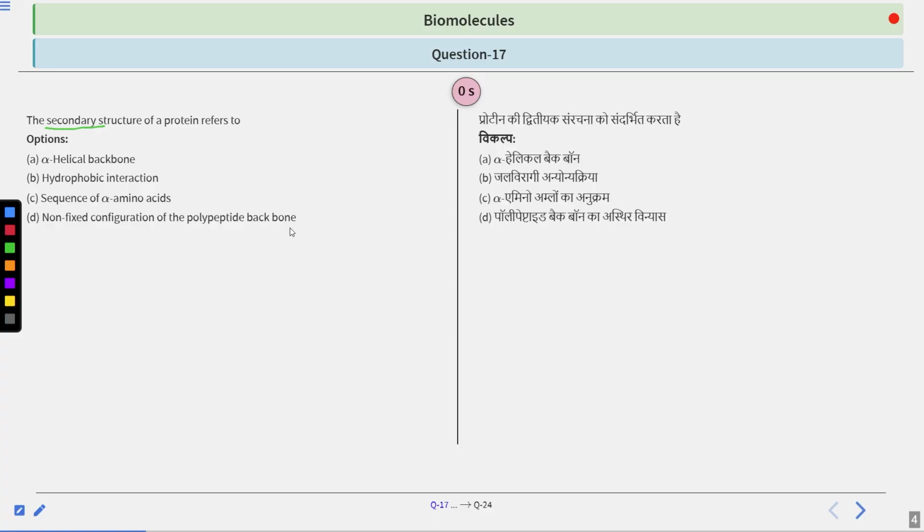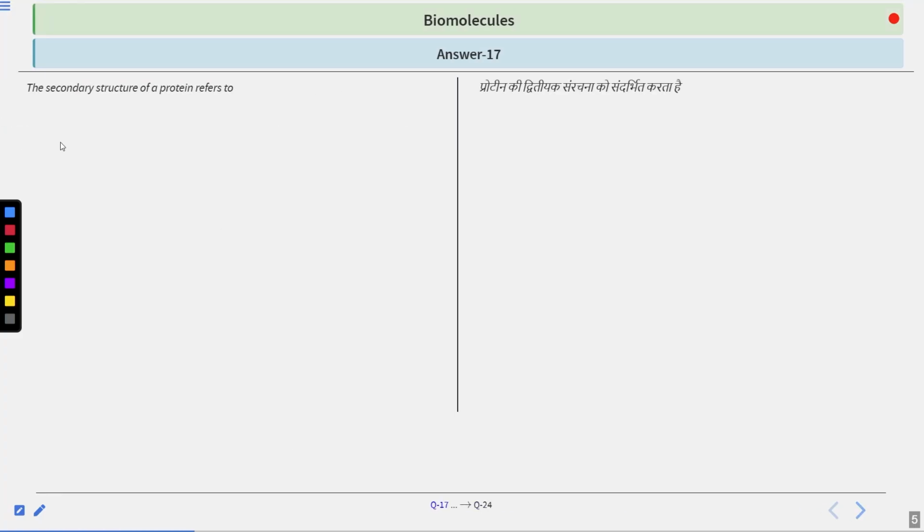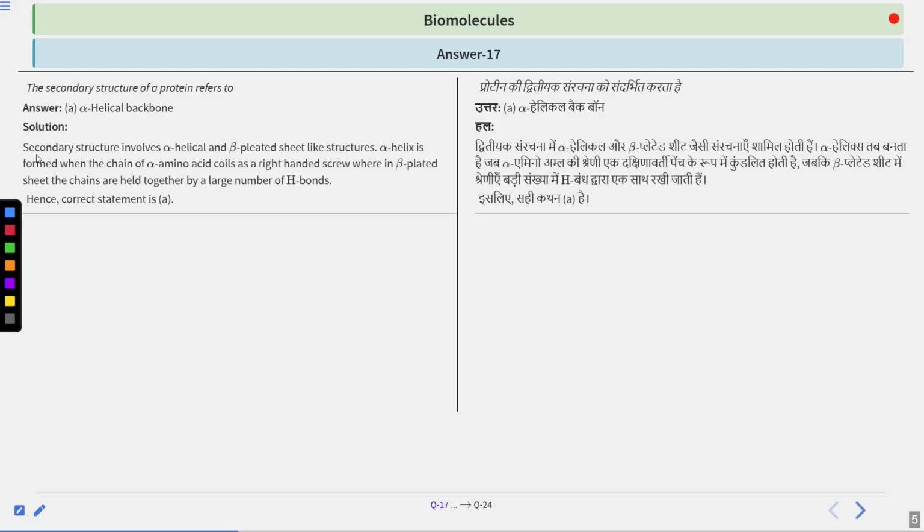Okay, so let's see. The correct answer for the given question is option A, that is alpha helical backbone. Secondary structures involve alpha helical and beta pleated sheet-like structures. Alpha helix is formed when the chain of alpha amino acids coils as a right-handed screw, whereas in beta pleated sheets, the chains are held together by a large number of hydrogen bonds.